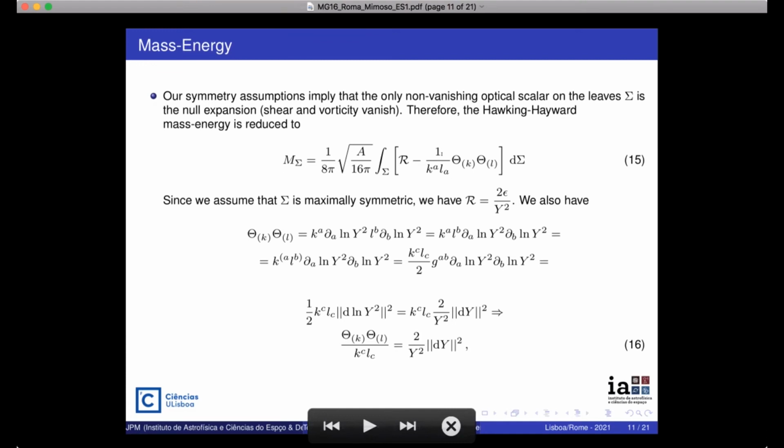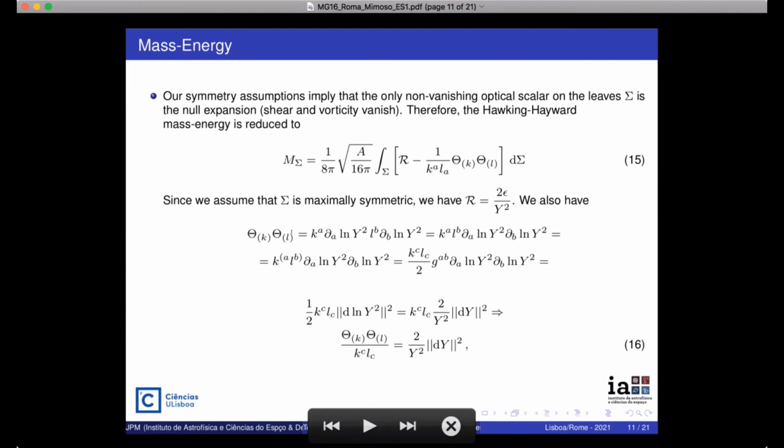So we don't have shear nor vorticity, and the Hawking-Hayward mass energy reduces to this form. And this is the curvature, the two-dimensional curvature of the leaves, which depends in this case on a parameter epsilon, which discriminates between the different curvatures.